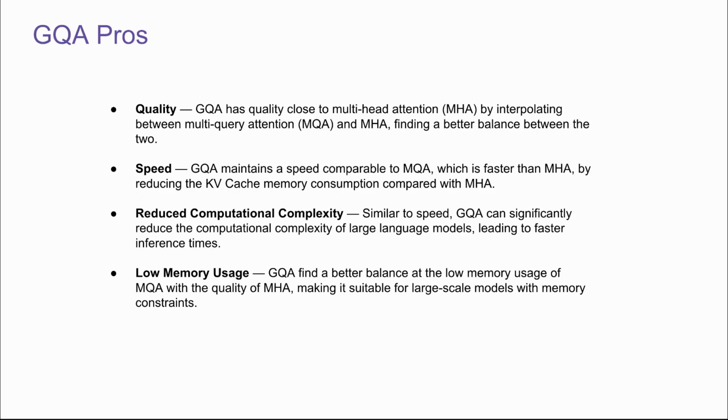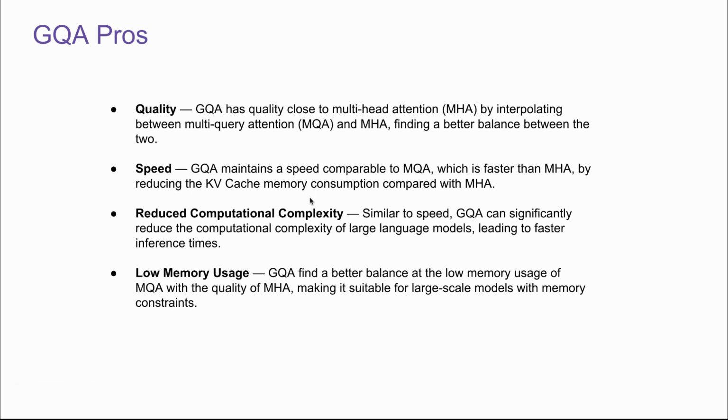Okay, so I'm not going to talk about MQA. I think GQA is probably more useful. So GQA pros: the quality is closer to MHA by finding a better balance, and speed. GQA maintains a speed comparable to MQA, which is faster than the classical multi-head attention, by reducing the KV cache memory.